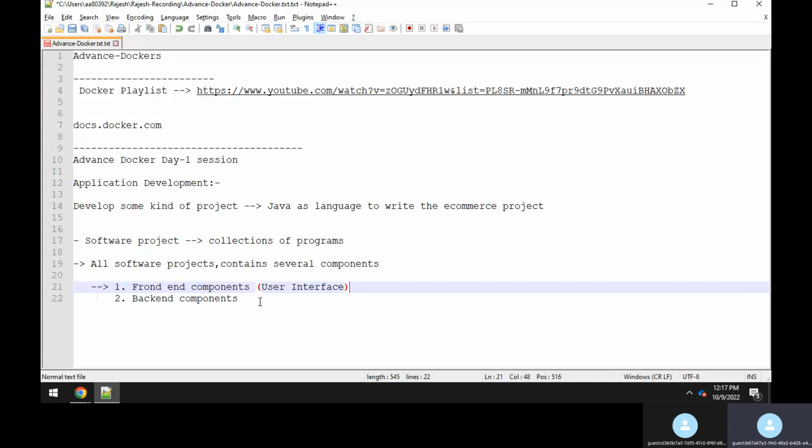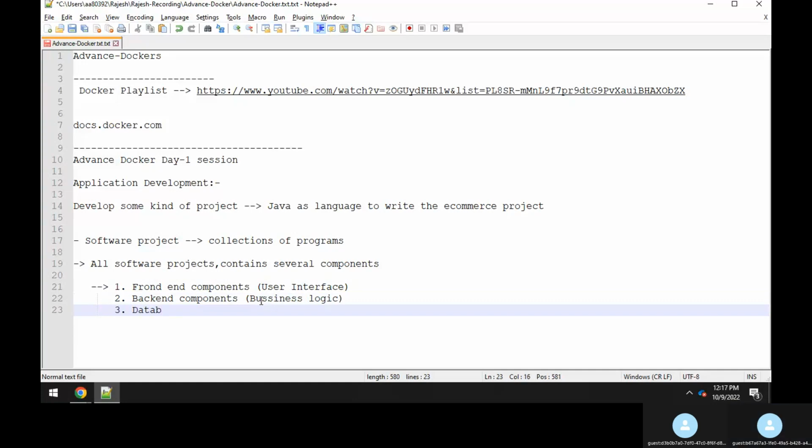The back end is your core business logic. Majorly, these three components are what you will find in any project, though there are many others.